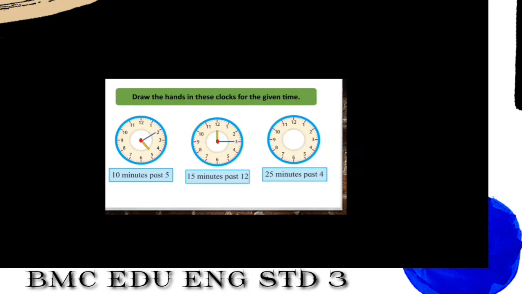So the minutes are 25 and it's past 4. The long hand, minute hand, will be on 5 and the short hand will be between 4 and 5. See, the minute hand on 5 and the hour hand past 4. So in this way, you are going to draw the hands on the clock.